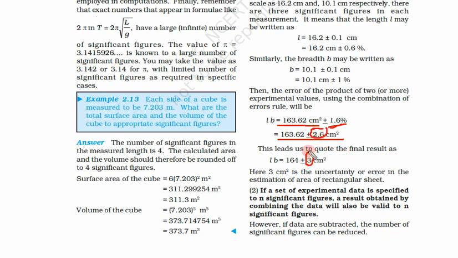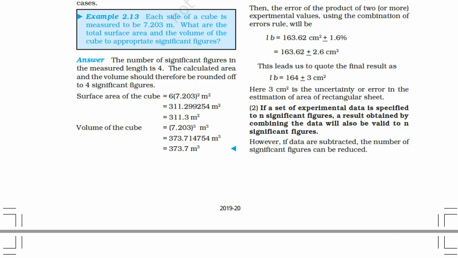And since 3 is a complete number, not after the decimal, we have rounded off this number also to a complete number, not with the decimal. So our area is 164 plus minus 3 centimeter square. This is the proper way of writing any number. So here 3 centimeter square is the uncertainty or error in the estimation of the area of the rectangular sheet.